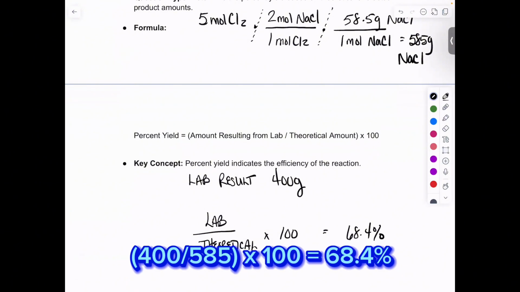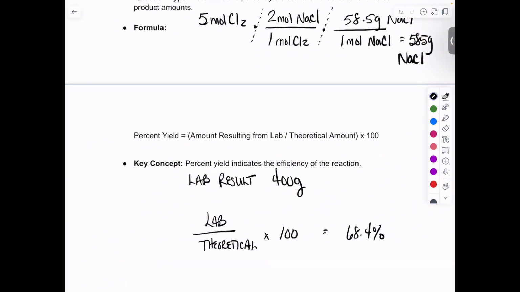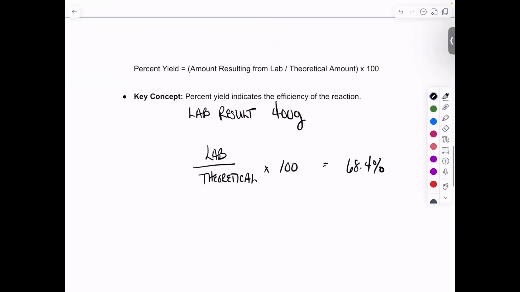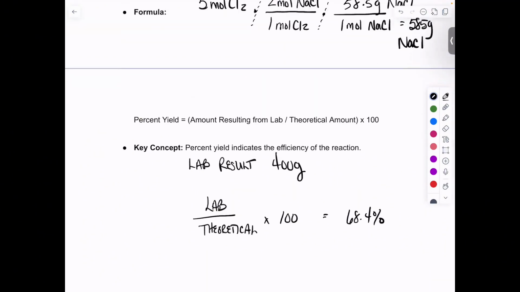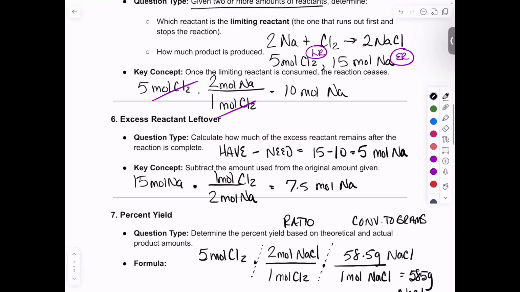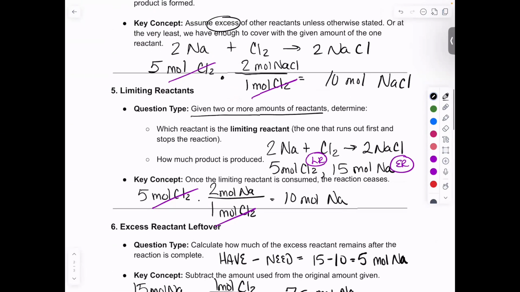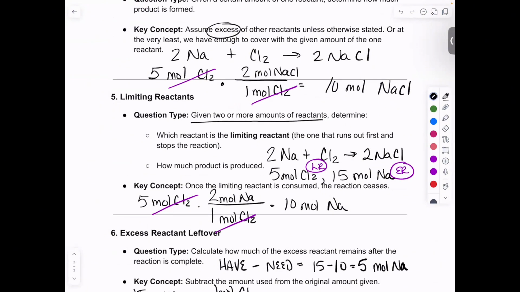So lab results divided by your theoretical, that's from stoichiometry, and you'll ultimately have a percentage to work with. That's not bad, actually. 68% is not that bad. So there you have it. This is an example of what a limiting reactant problem would look like, where you're given 2 amounts and an equation.